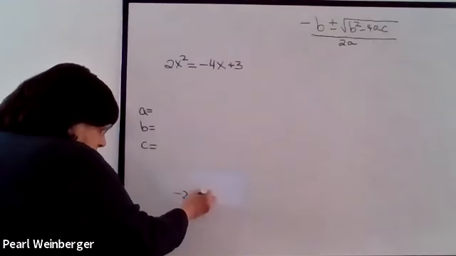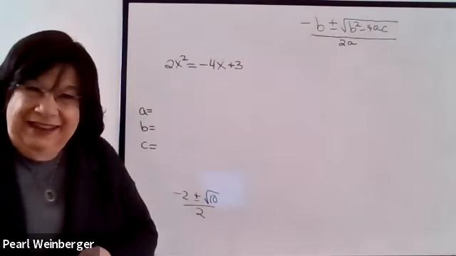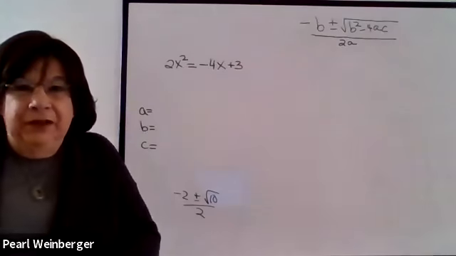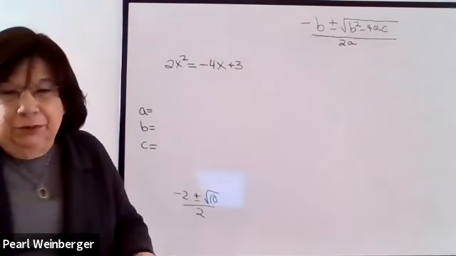Over 2. Okay, let's see if that's what we all come up with. You could also, if you don't have a square root button, just write SQ, and then I know it means square root. Okay, no problem.